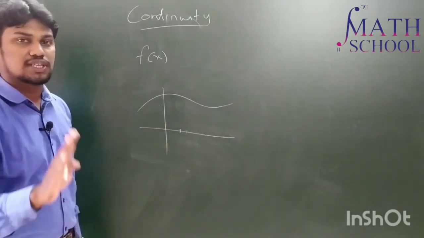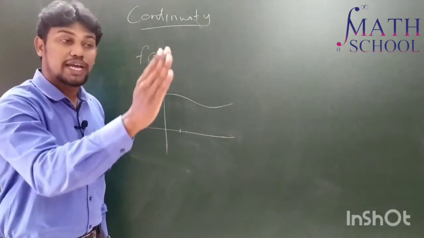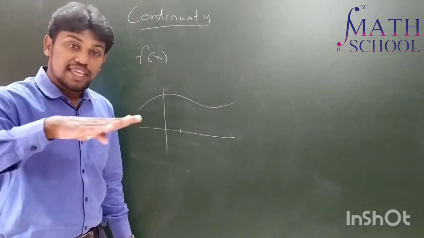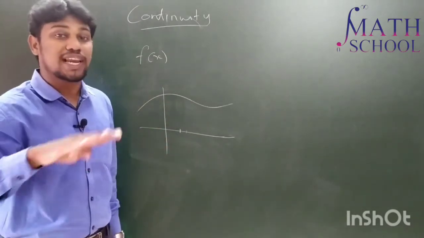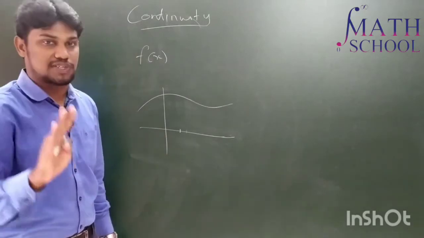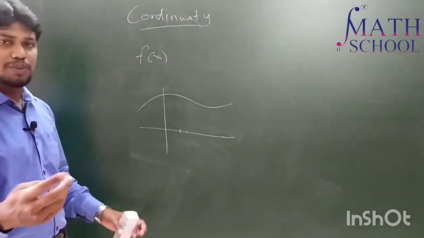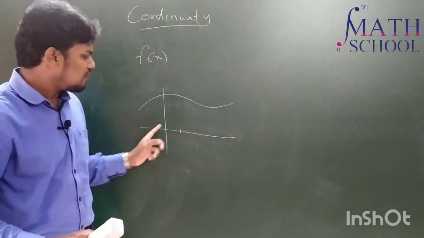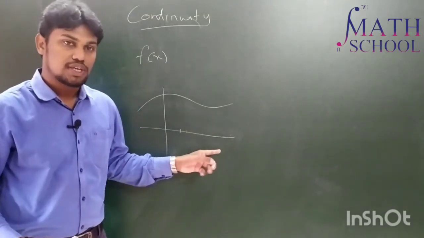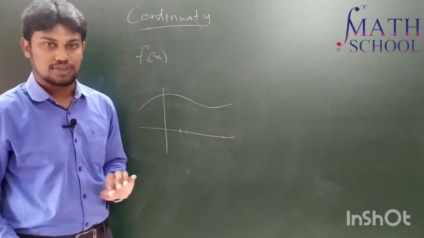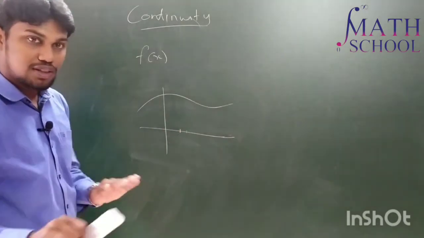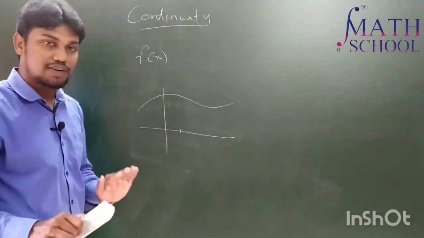Similar to that, if everyone in our class has scored above 90, then I can say the whole class has scored above 90. Am I right? Just similar to that, at every point the function should be continuous. Then we can say the whole given function is continuous. Okay, so this is all the very basic thing before I give you the definition.